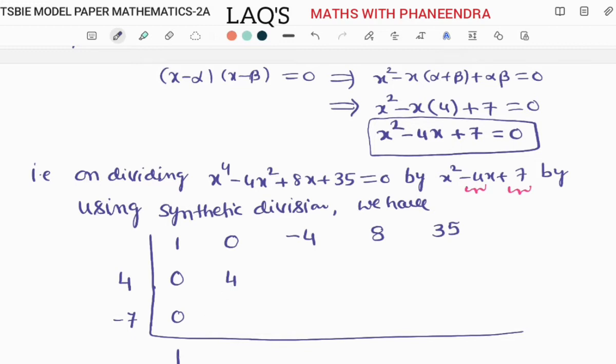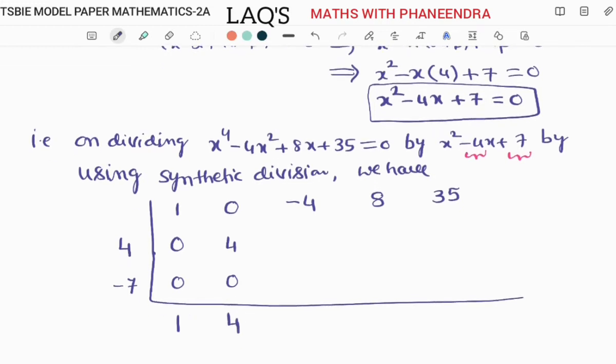Next 1 into 4 is 4, adding these two, 0 plus 4. 1 into minus 7 is here, it will come. 1 into 4 is 4, 0 plus 4 is 4. Again 1 into, here you can put 0, start with 0. So adding these values, 4 simultaneously.